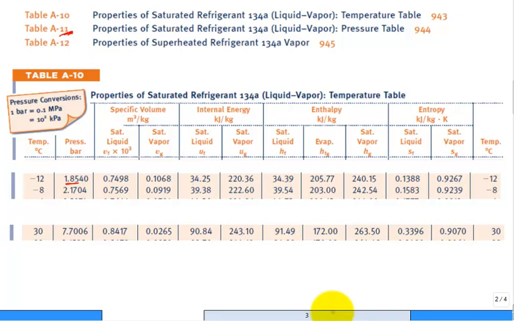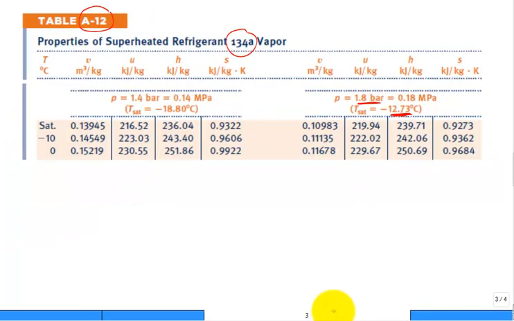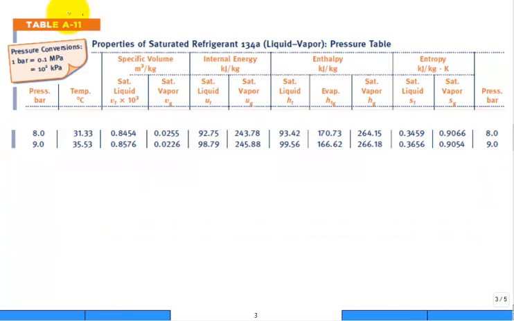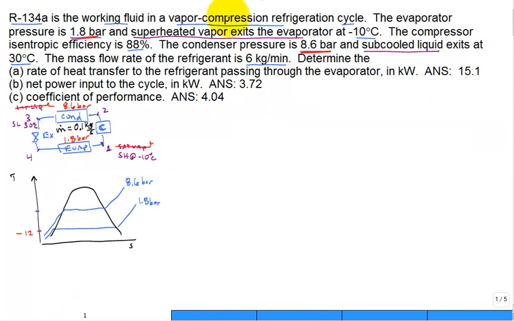Let me go get it. So if we go to table A11, it doesn't have a line of 8.6 bar. It's in between, so you can tell that the saturation temperature is about 60% of the way from 31 to 35. Let's say it's around 34. So we could put in here that's like 34. Okay, let's continue on.